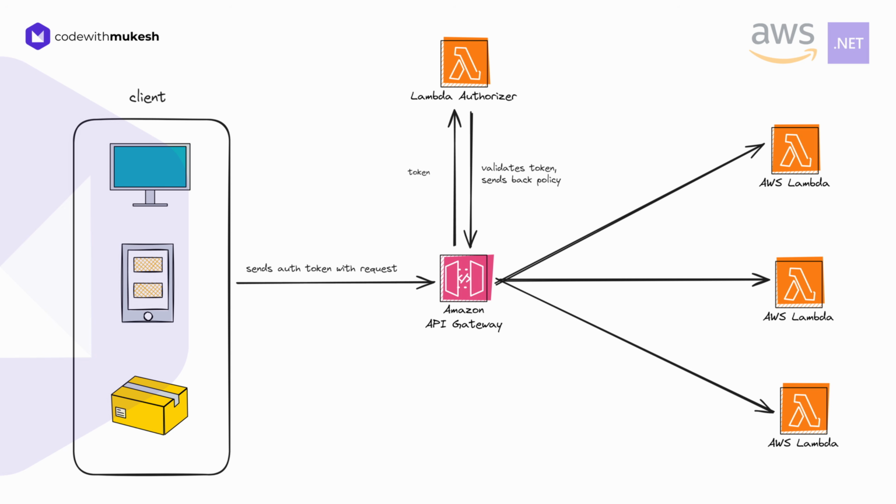So, for instance, every time the client sends a request to the protected API route with a valid token at the request header, this token is passed to the Lambda Authorizer, where it pulls it, validates it, and returns an appropriate access policy. Now, this policy can be set to allow or deny based on the validity of the token. With that, access is granted to the protected resource. You can attach one Lambda Authorizer to multiple API routes, as well as create one authorizer per route.